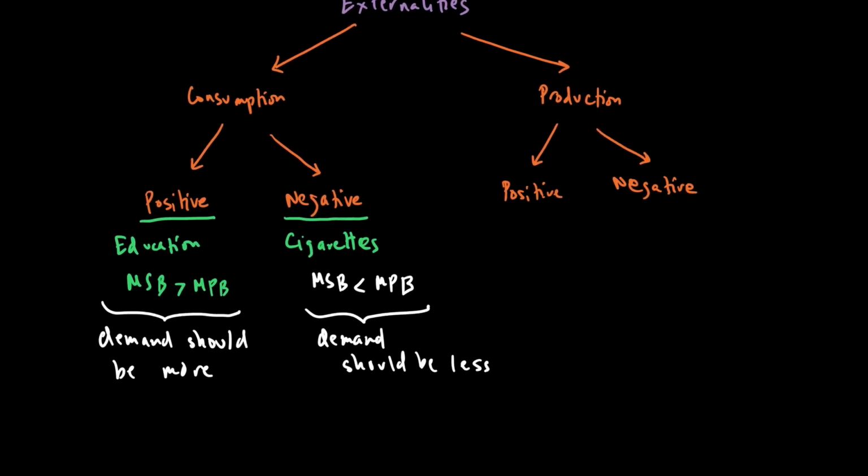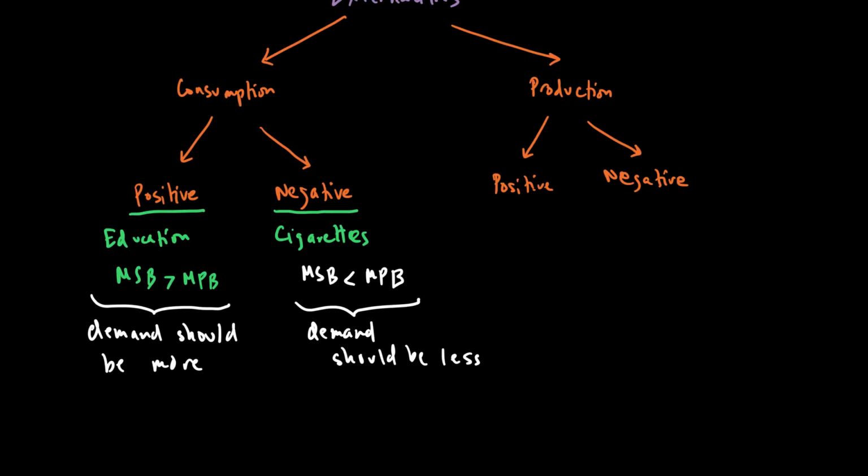Similarly, if demand should be more, in other words, the key word that we need to use is under provision, while in this case there is over provision. We'll see the diagrams in a minute, but that's what basically the consumption side will look like.